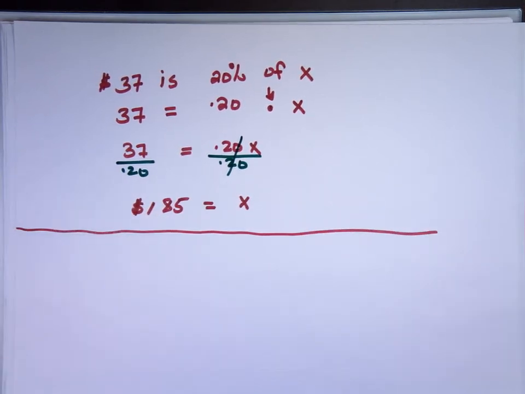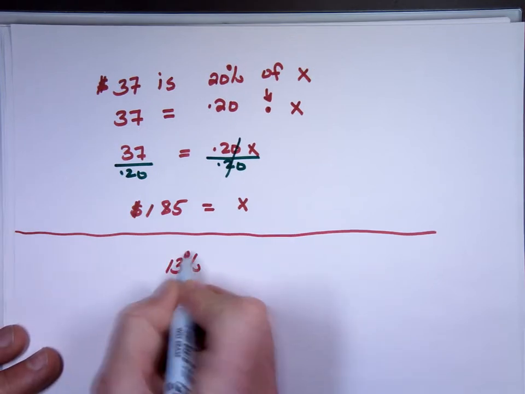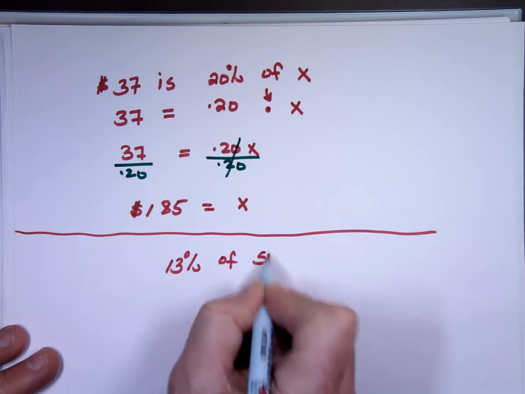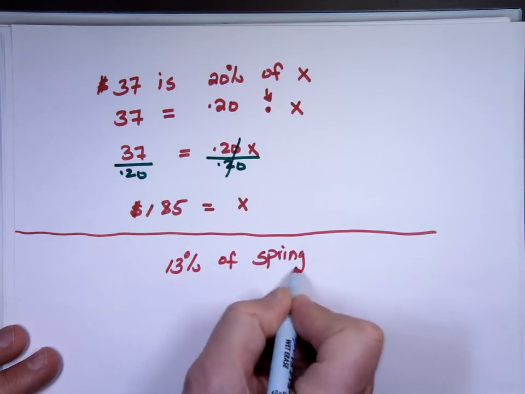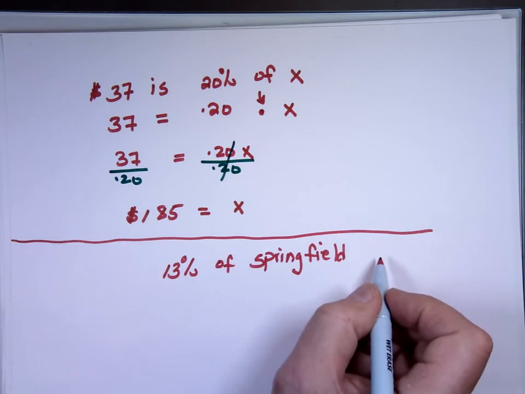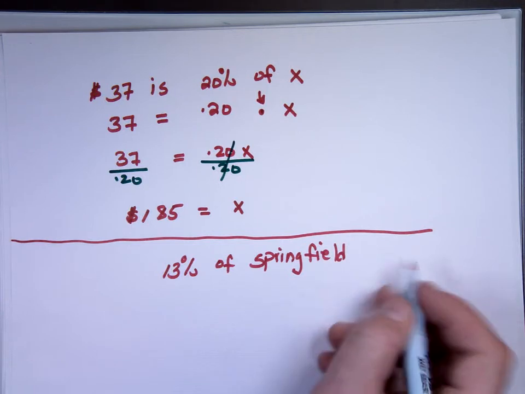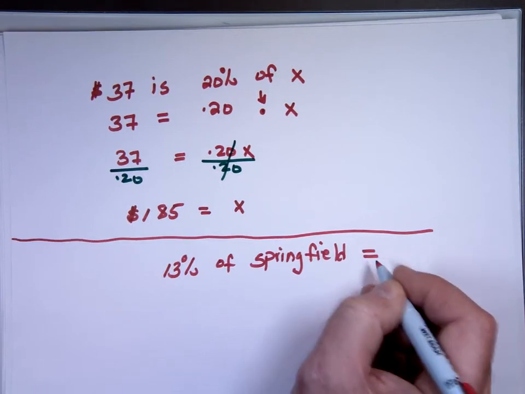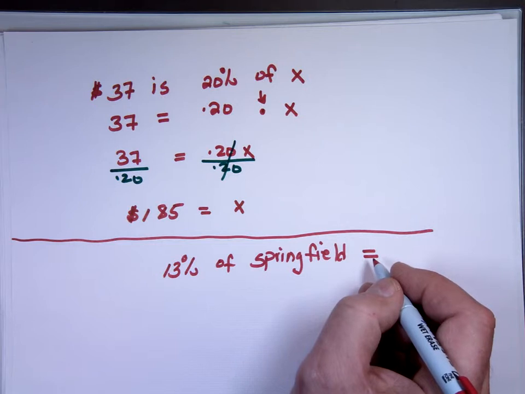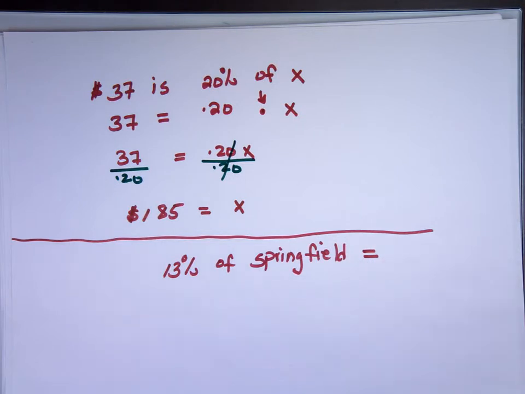You might hear in the paper, or on the news, that 13% of the people of Springfield live below poverty level. I have to give you some numbers.